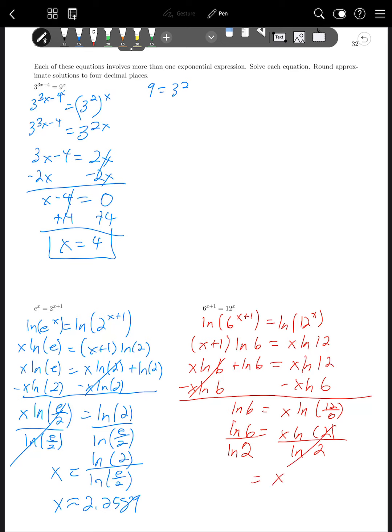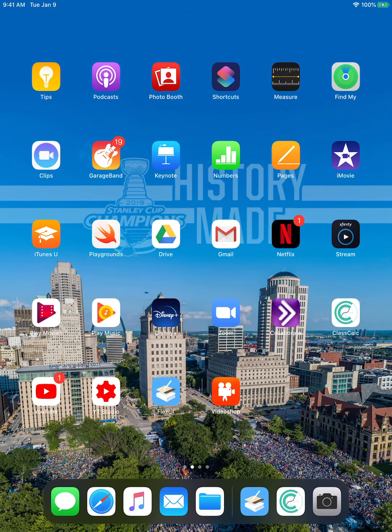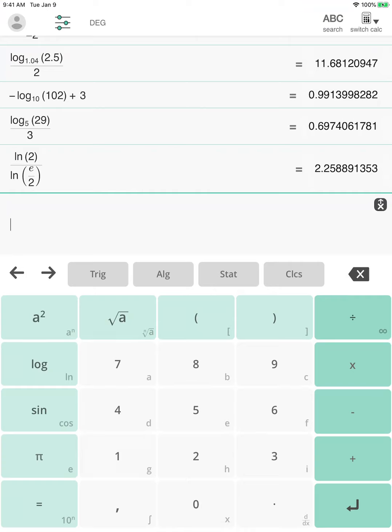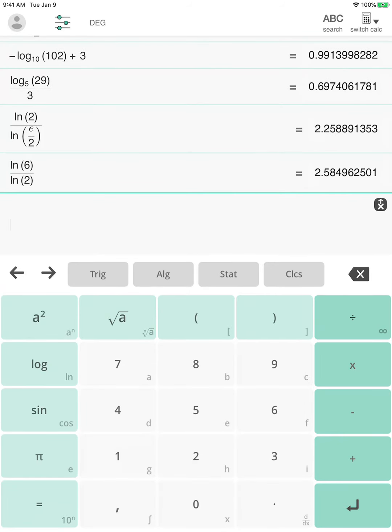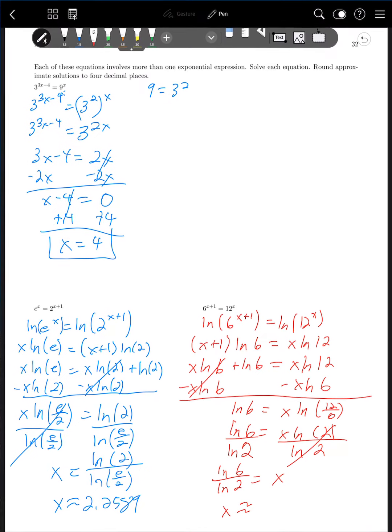So x equals the natural log of 6 over the natural log of 2, and I can plug that in my calculator really easily to get an approximation. So the natural log of 6 divided by the natural log of 2. And that's 2.5850. Okay, so that's the idea.